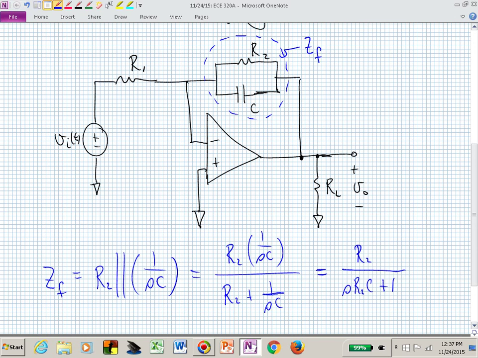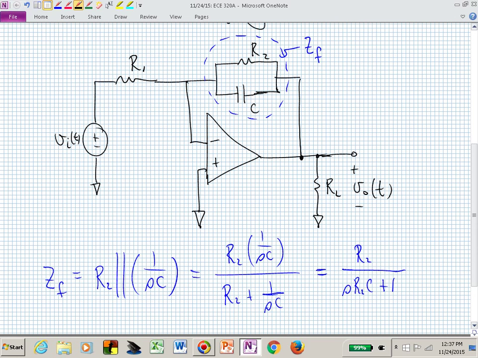If we now want to find the relationship between the input and the output, a lot of times I will label these in the time domain, and I will ask you for a transfer function. I didn't think that would be confusing, but some people on the exam said, since you're asking for the time domain, I'm going to give it to you in t.